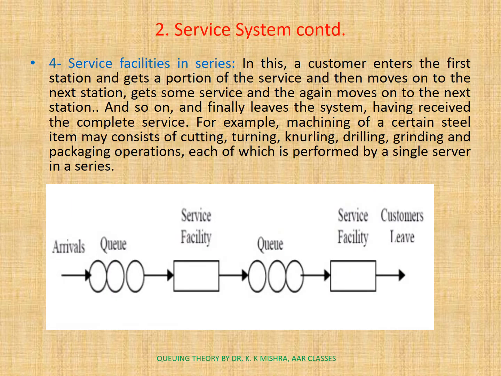Then we may have service facilities in series, where a customer enters the first station and gets a portion of the service, then moves on to the next station, gets some service and then again moves on to the next station and so on. Finally the customer leaves the system having received the complete service. For example, machining of a certain steel item may consist of cutting, turning, knurling, drilling, grinding, and packaging operations.